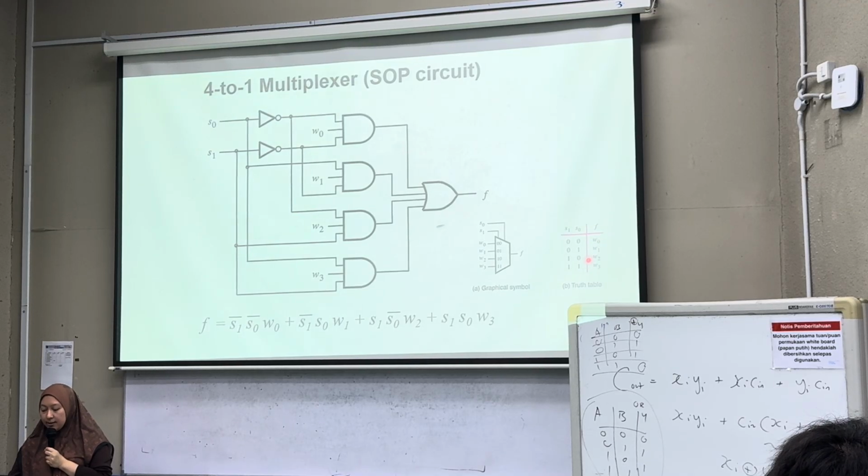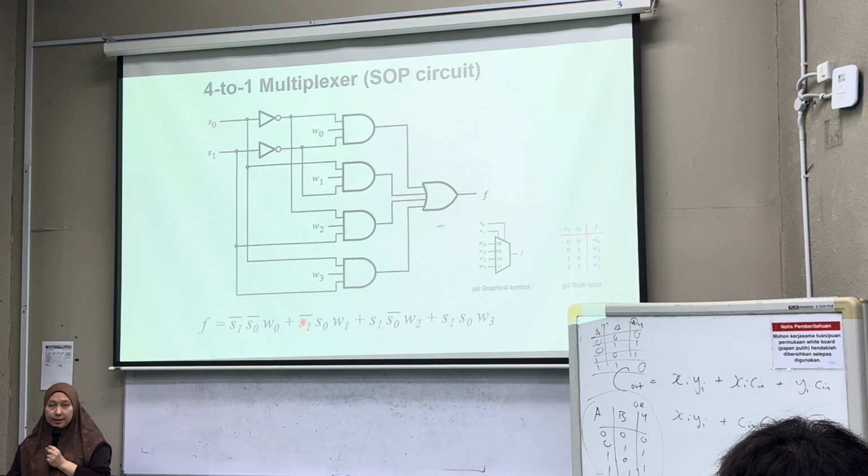From this truth table, you can get your SOP expression. W0 is selected when S1 and S0 are both complemented.